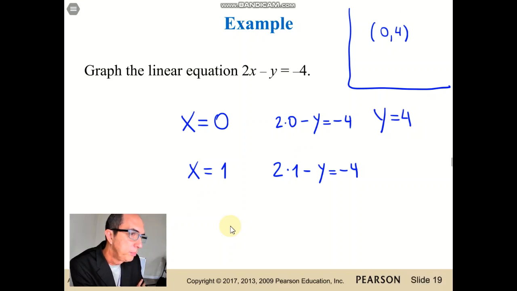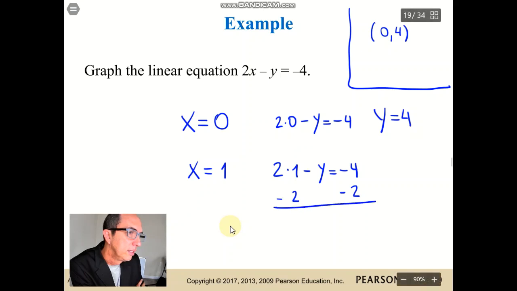Here we have to simplify, subtract 2 from both sides. -y equals -6. That means y equals 6, right? So this is the second order pair that we have, 1 and 6.